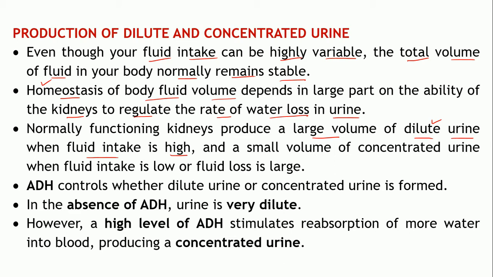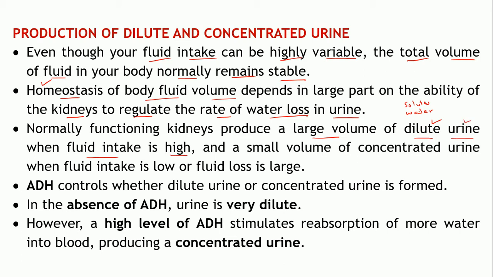Obviously it will be present in water. So water will be the solvent over here, into which several solutes remain in the dissolved form, right? Whatever is suspended, like large proteins or the blood cells, these are not excreted in the urine, right?